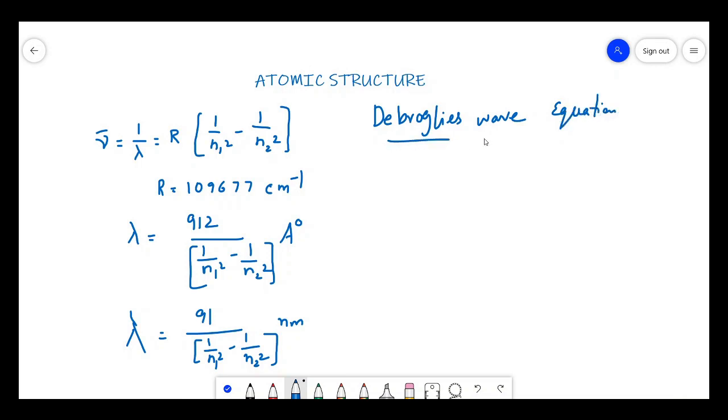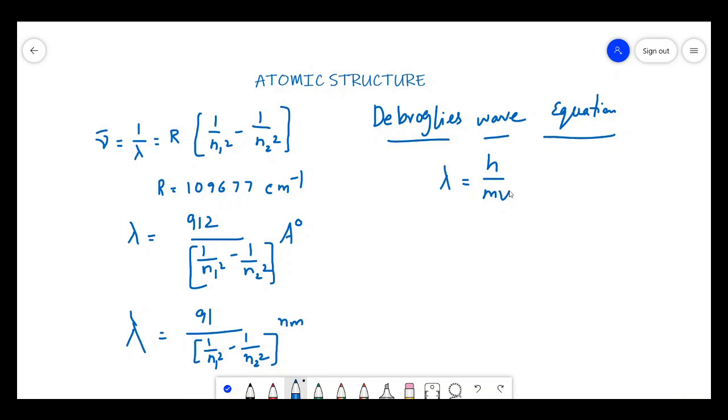So in this de Broglie's wave equation, I am directly writing the equation, that is lambda is equal to h by mv. We don't need any derivations. So lambda is equal to h by mv. That's all. And you can also write this as lambda is equal to h by p, where p is called as momentum. H is nothing but the same thing, Planck's constant.